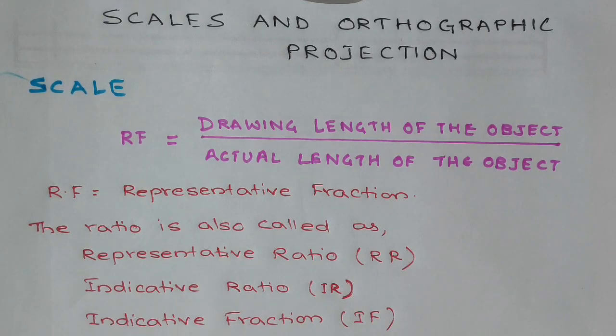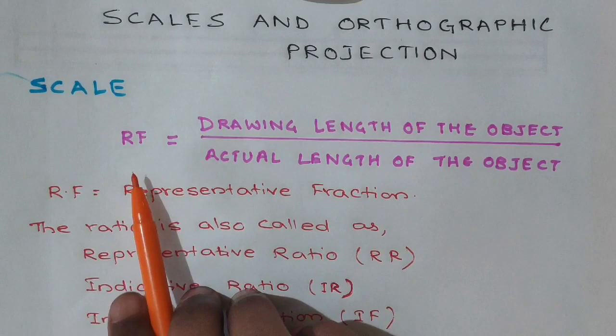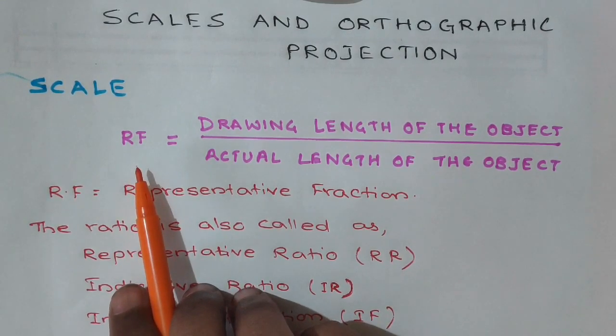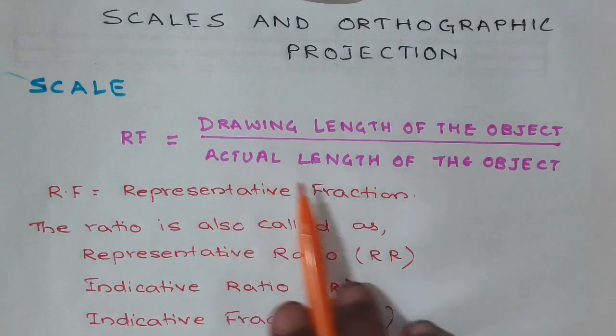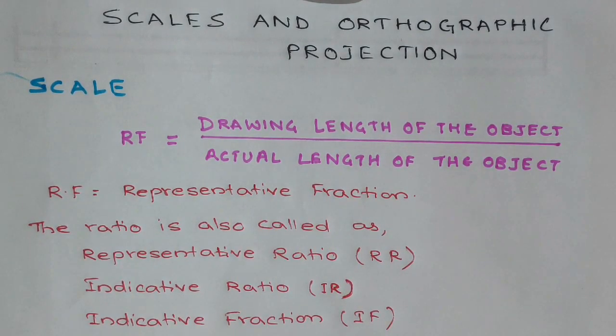Hence, a scale is defined as the ratio of the linear dimension of an element or an object as represented in the original drawing to the real linear dimension of the same element or the object itself. This ratio is called the representative fraction or RF. So in this you can see the equation. The representative fraction RF is equal to the drawing length of the object divided by the actual length of the object.